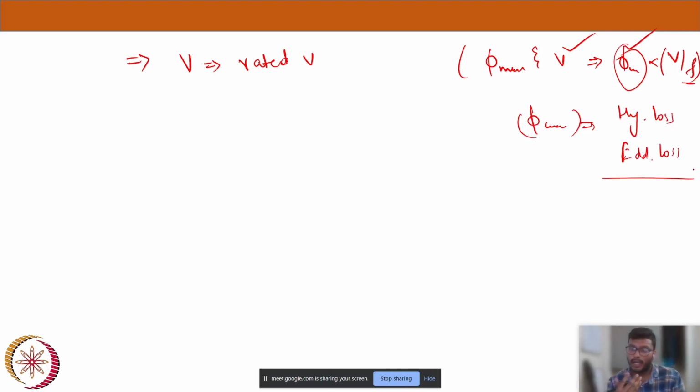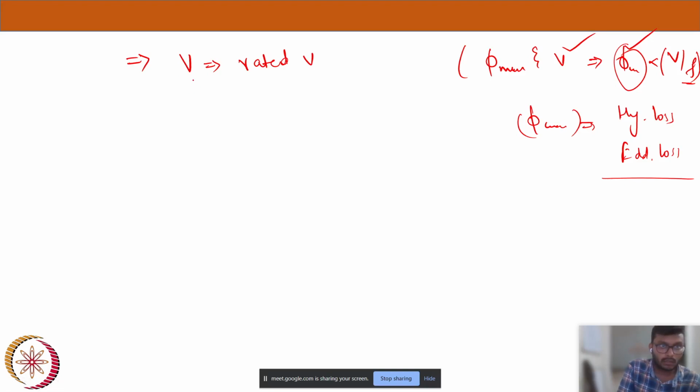So we are having a considerable amount of core loss when we are doing an open circuit test, and we are not having considerable copper losses here.